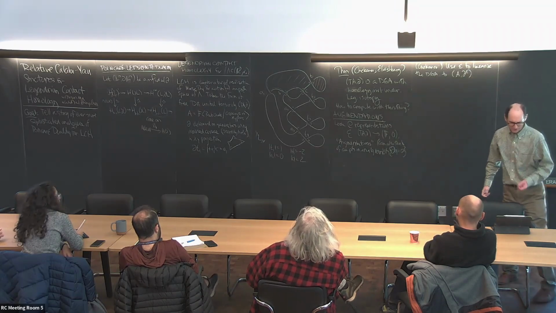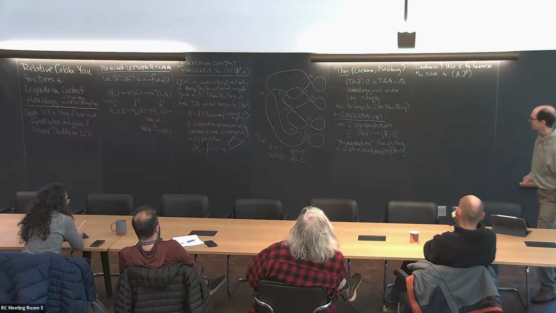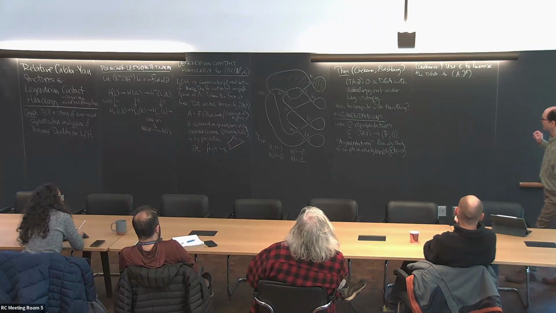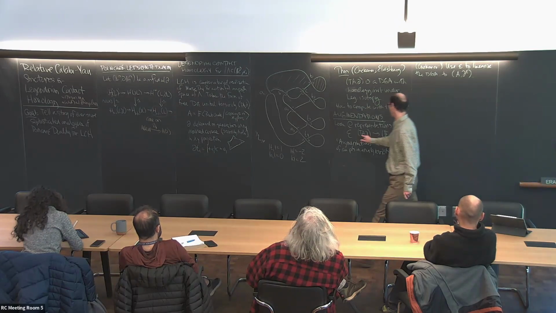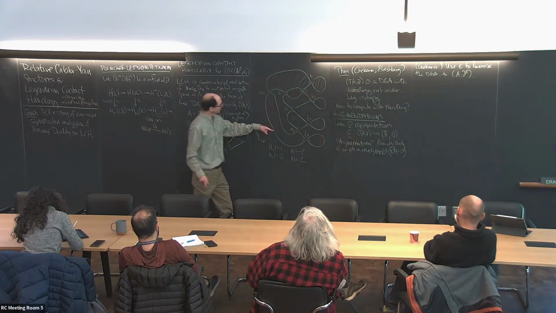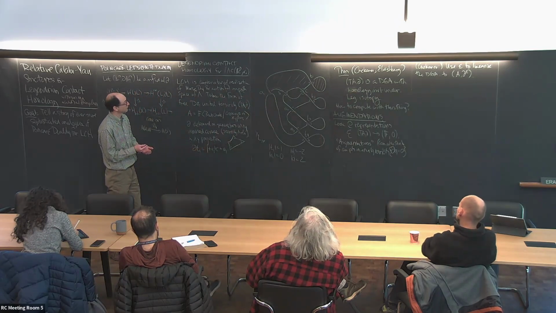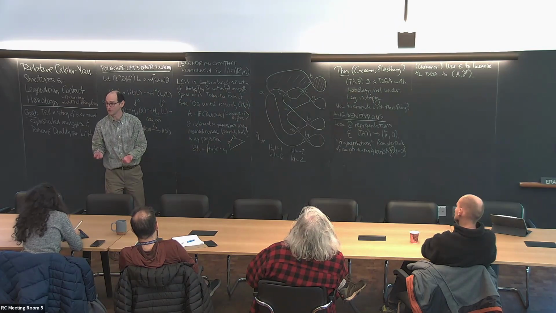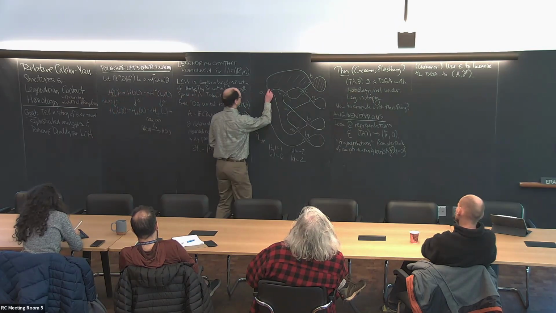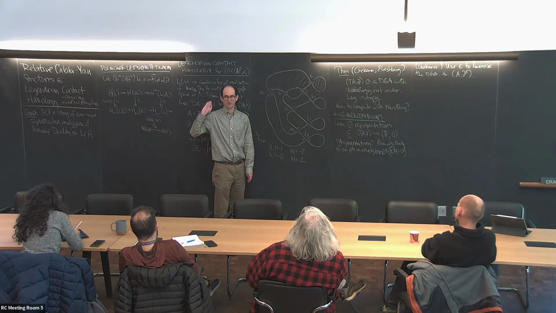I'm not going to tell you exactly how to do this, but a good way to think about it is the following. You can think of an augmentation as a way of decorating a certain choice of generators, a certain choice of crossings. So here's an augmentation that plays nicely with the differential, and I promise what I'm about to draw is an augmentation.